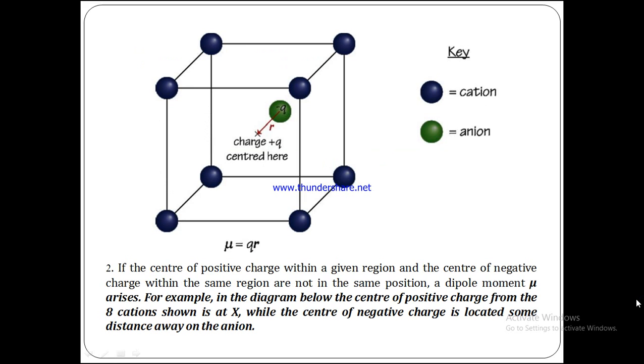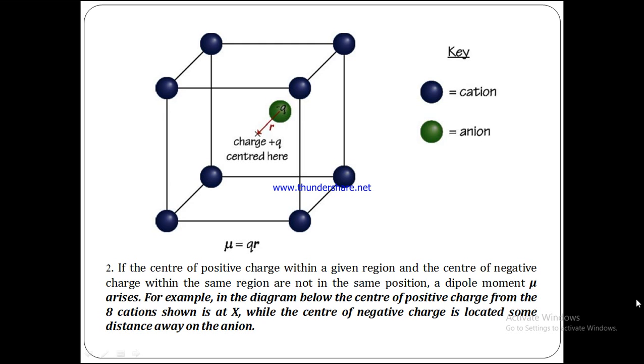Now you can see the structure of that particular charge, where cation and anion are placed over here. Anode and cathode are shown over here.